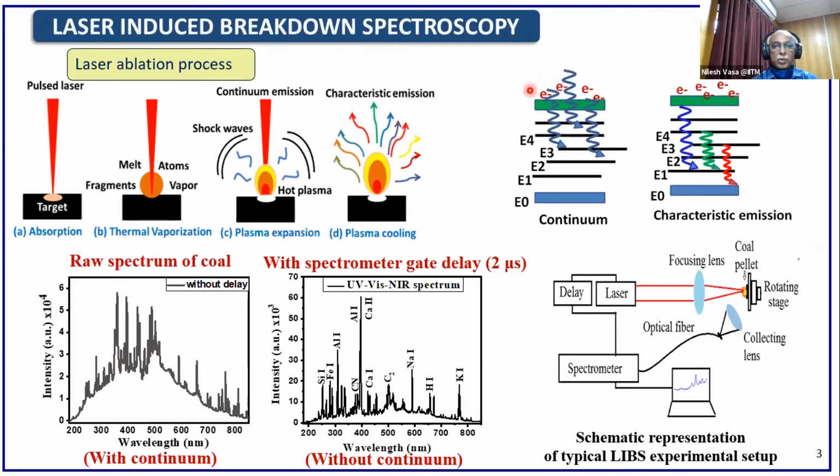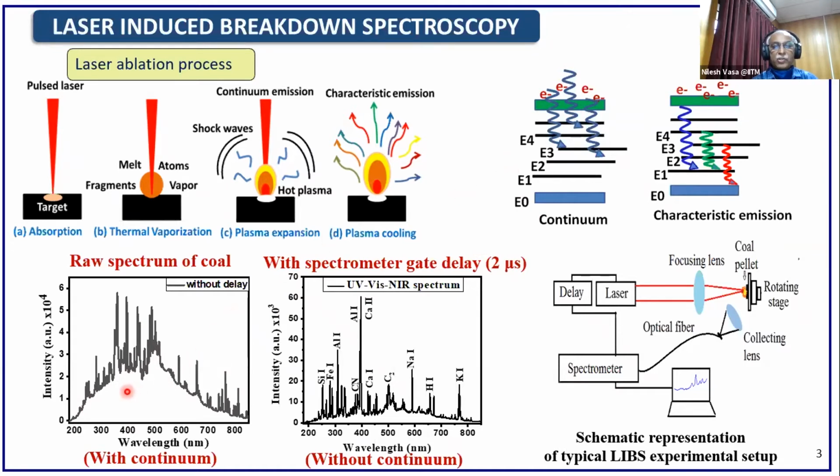This broadband continuum is because of the lots of plasma-induced excited electrons, which, when the plasma is getting cooled, emit certain lines with wavelengths ranging across the wide visible range. That's why we see a wide continuum.